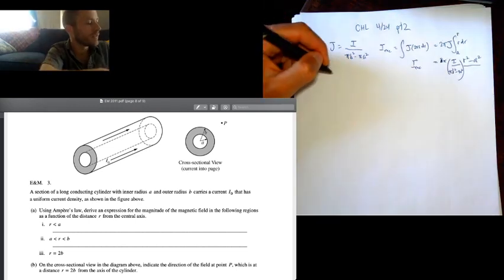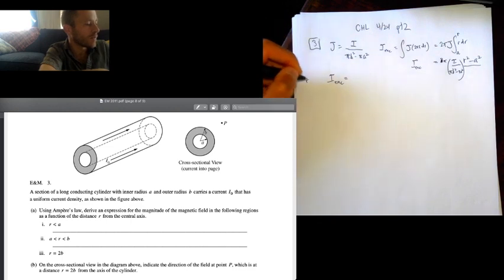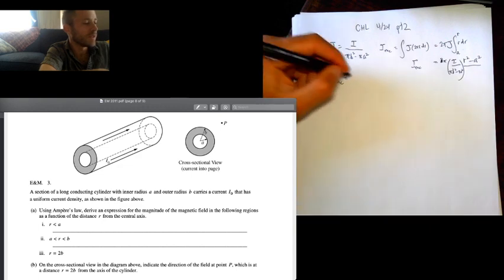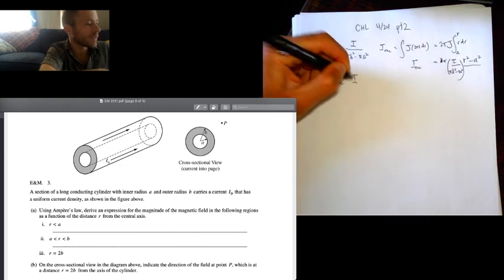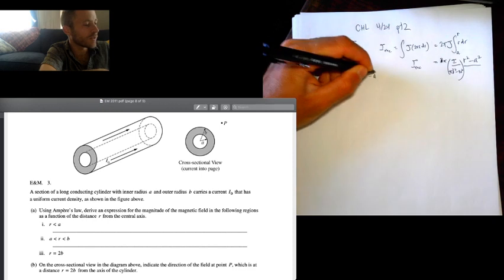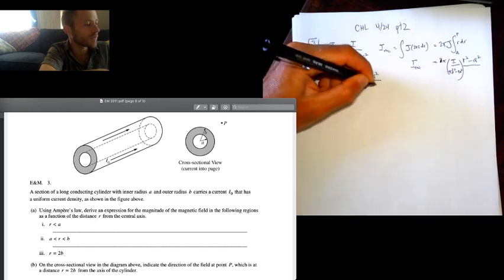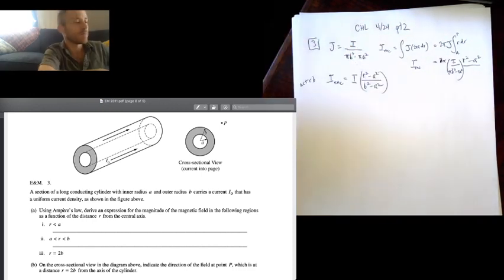And so we get that our current enclosed for r between A and B is going to be I times r squared minus a squared over b squared minus a squared. Okay, so we're going to use that.